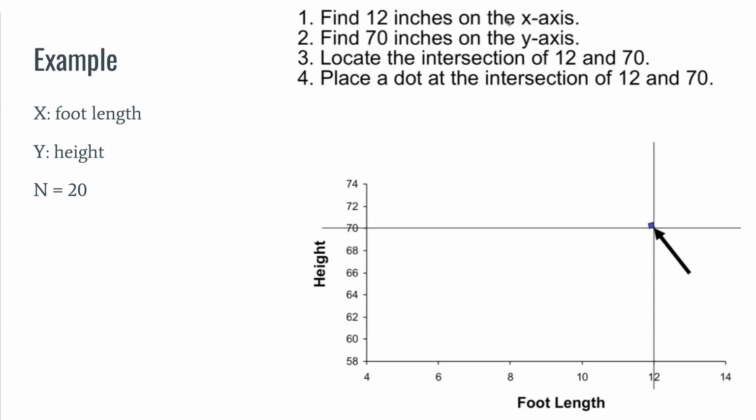As you see, you just want to place a dot at the intersection, and the example shows a height of 70 and a foot length of 12. So you would want to do this for all 20 subjects.